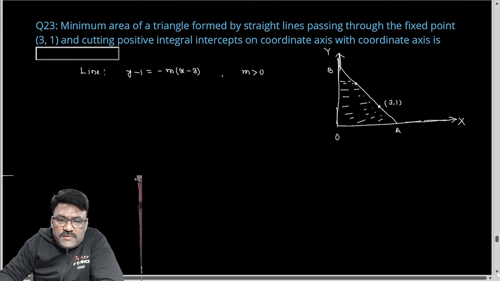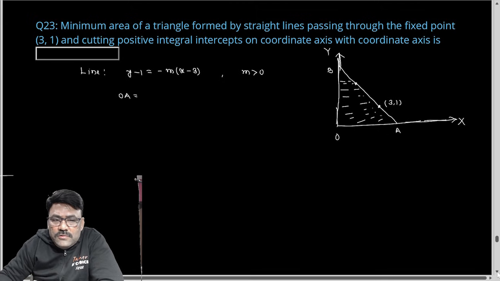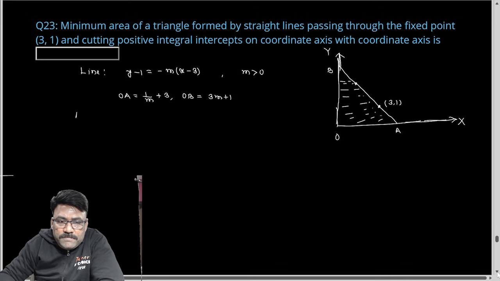So what will be the x-intercept OA? Just put y equal to 0. So OA will be 1 by m plus 3. What will be the y-intercept OB? Put x equal to 0. So it is 3m plus 1. Area of this triangle is half OA into OB, so half (1 by m plus 3) into (3m plus 1).